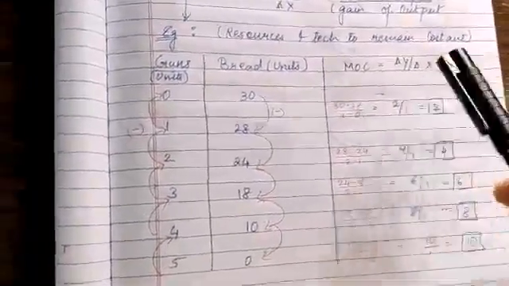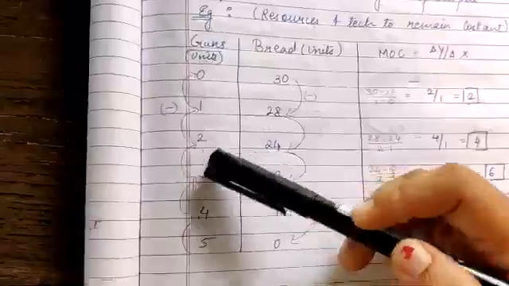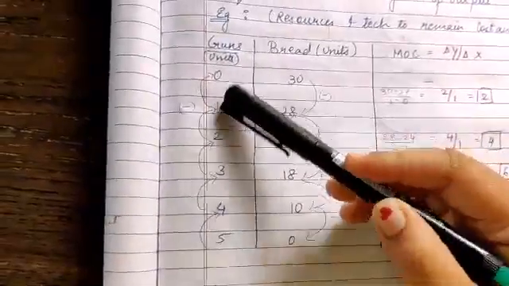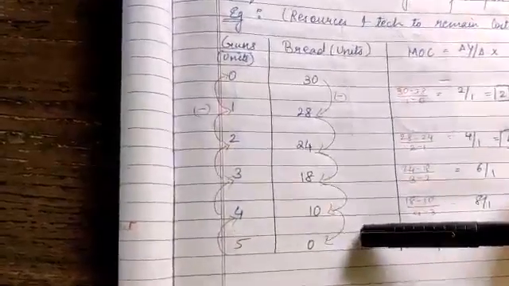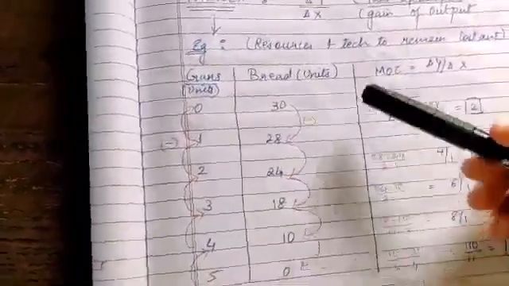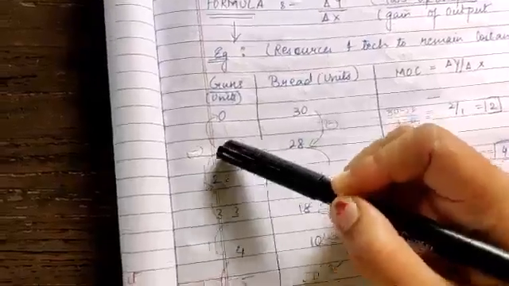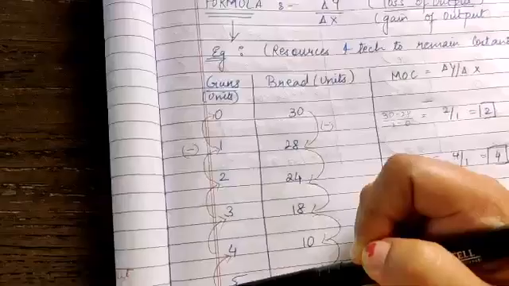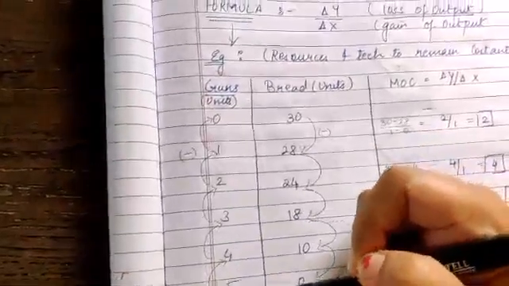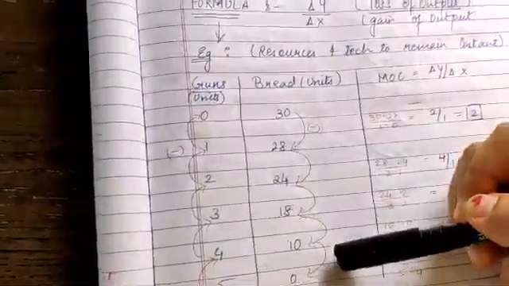Guns are 0, 1, 2, 3, 4, 5, in increasing order, whereas bread is in decreasing order. So what we have to do is highest minus lowest. This can be on the x-axis because it is in increasing order, and this can be in decreasing order.